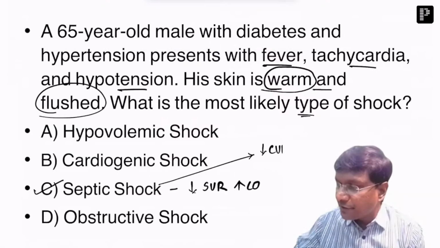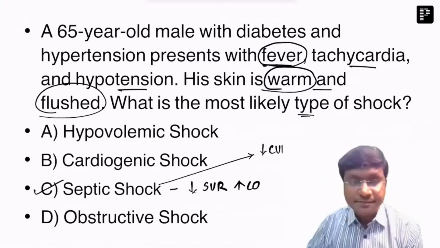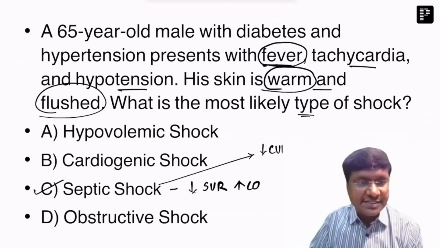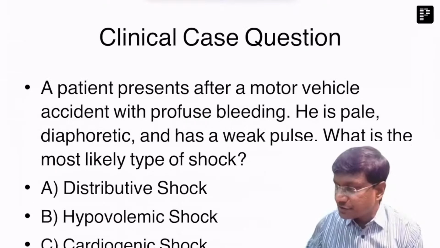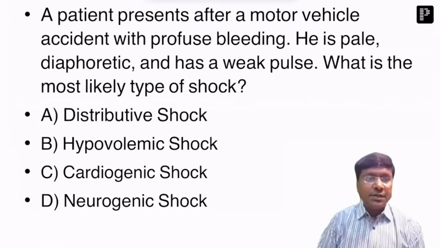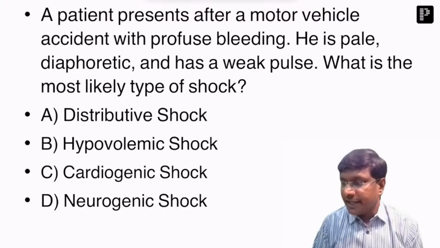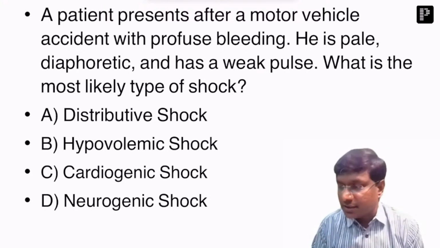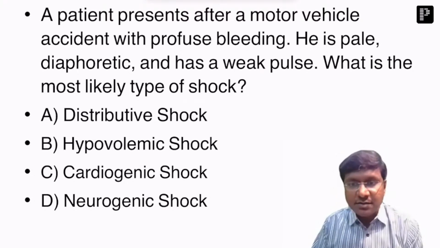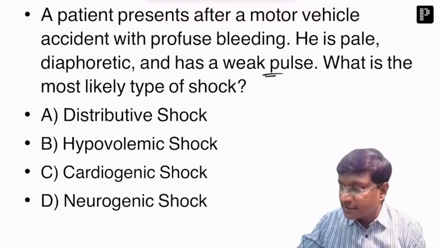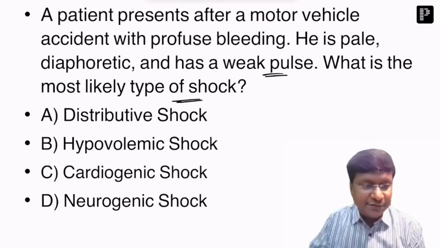And another important pointer to tell it is septic shock is the fever. Fever is classically observed in case of septic shock. Now, next question. A patient presents after a motor vehicle accident with profuse bleeding. He's pale, diaphoretic, and has a weak pulse. What is the most likely type of shock here?